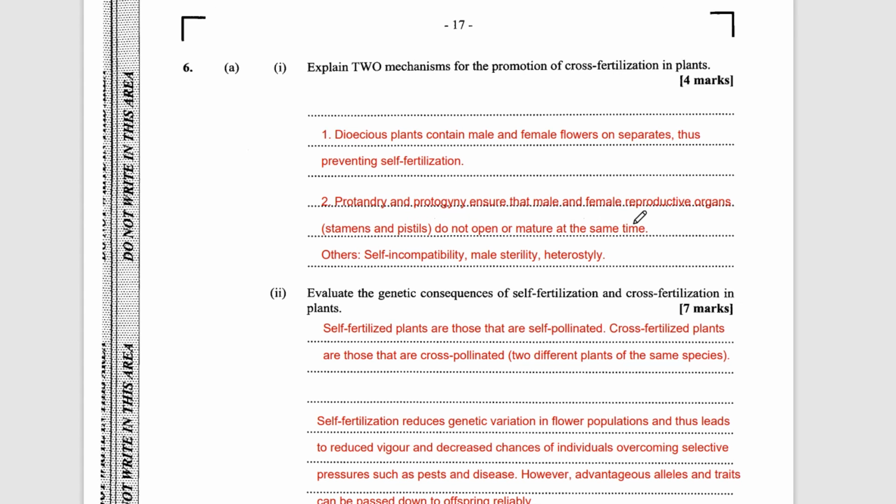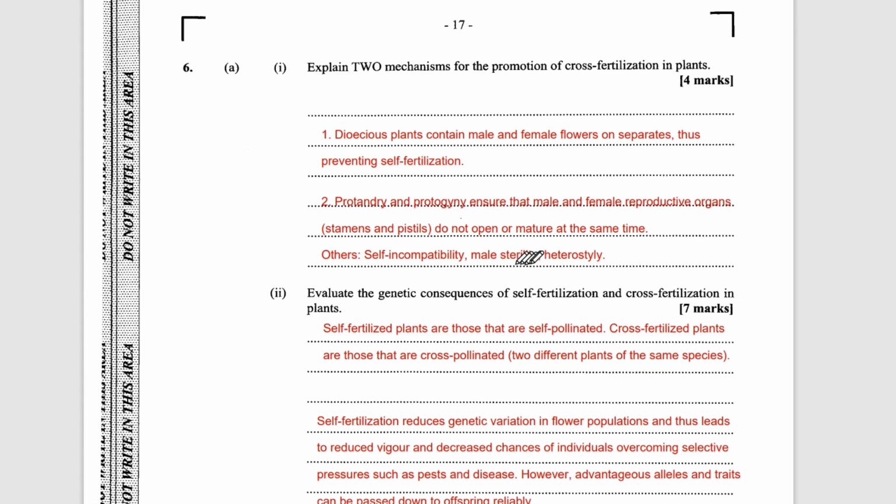And so I like to think of it like this. Protandry is basically the man wakes up first, the woman still sleeping. Protogeny, the woman wakes up first, the man still sleeping. Nothing can happen there because they're not active at the same time. They don't open or mature at the same time.